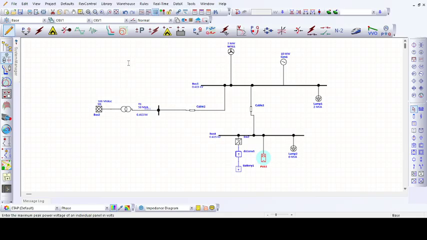The maximum power voltage is about 25. Then for the PV array we have to take 425 volts. For the inverter we have a 415 input, and the output is about 0.415 volts. Then click OK. Here we have another load, assumed to be 1 megawatt of load.